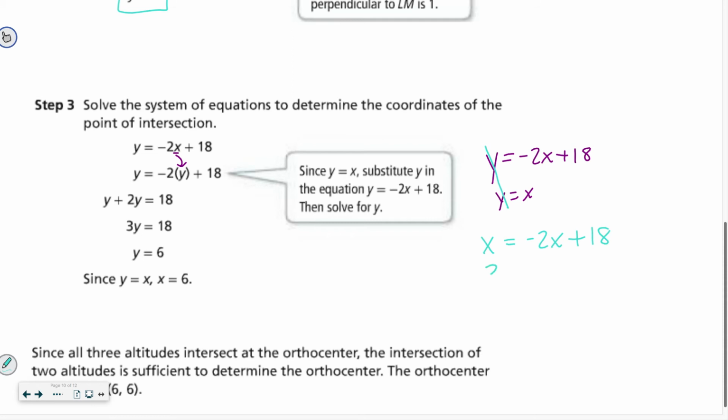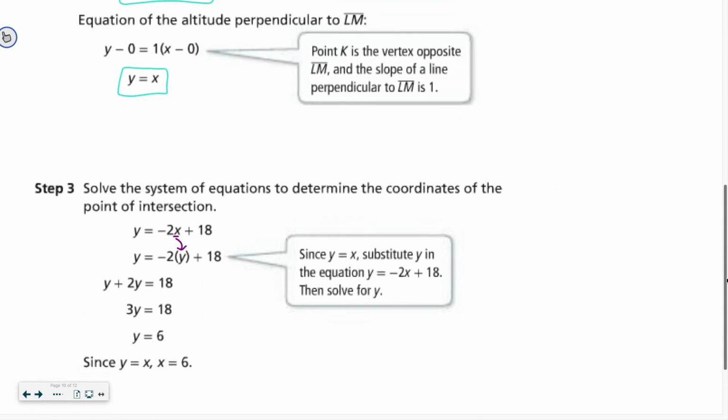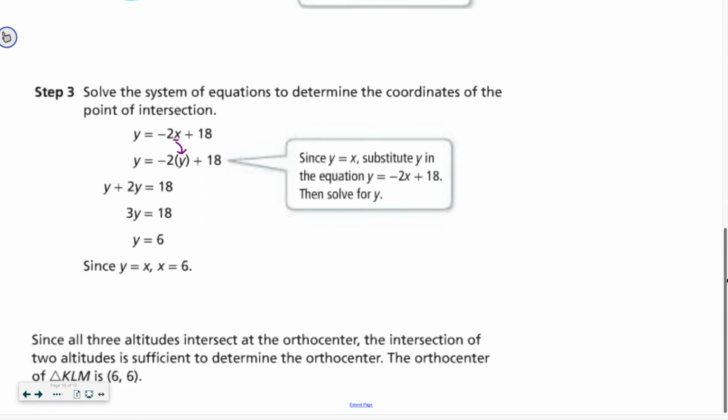I can add 2x to both sides, divide by 3, and then I can plug that back in, and I would see that y also equals 6. So you can see that you get the same answer either way that you do it. I thought this was something that was tough for some of you this year again, so I would show you the other way that the book explained it to see if that makes it a little easier for you.